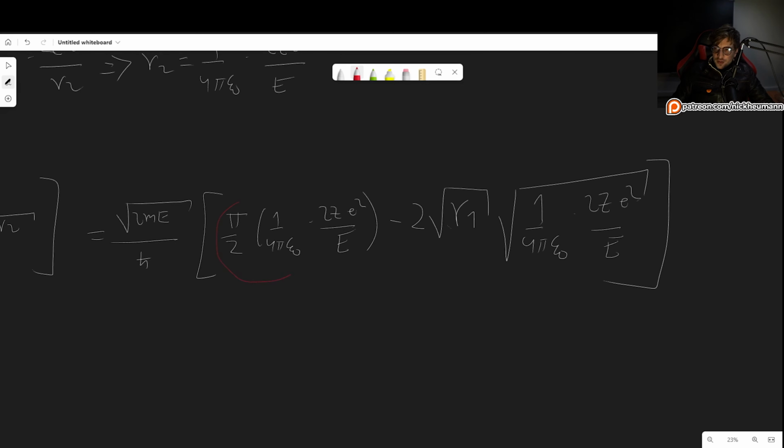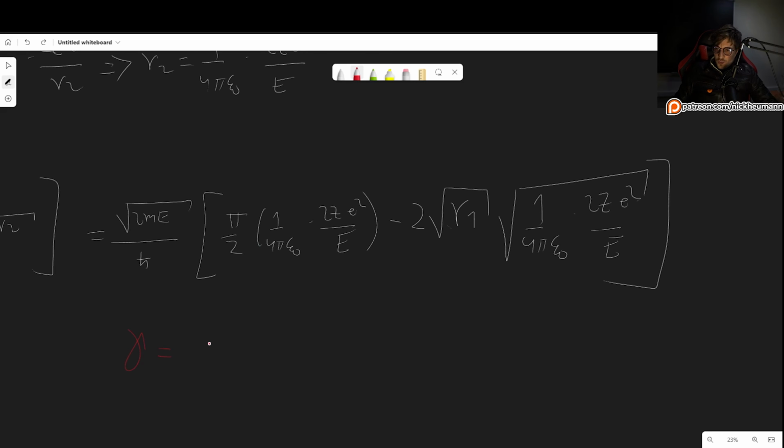So pi over 2, 1 over 4 pi epsilon 0, 2, they don't depend at all on the element. H bar as well. So we can put that all together into some constants and only leave out those things that do depend on the element, such as z, such as the particular energy, and also the radius, for example, the radius of the nucleus.